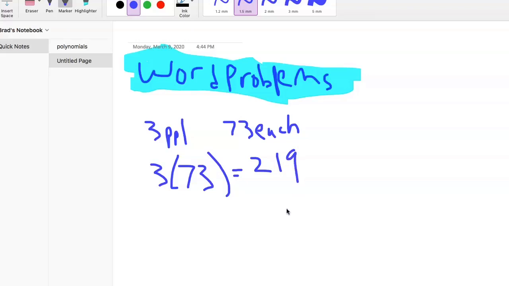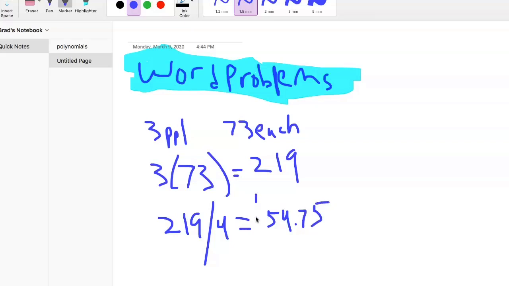Now they added another roommate, so rather than 219 divided by 3, it's going to be 219 divided by 4. And 219 divided by 4 equals $54.75. So that's what each person owes per month for rent.